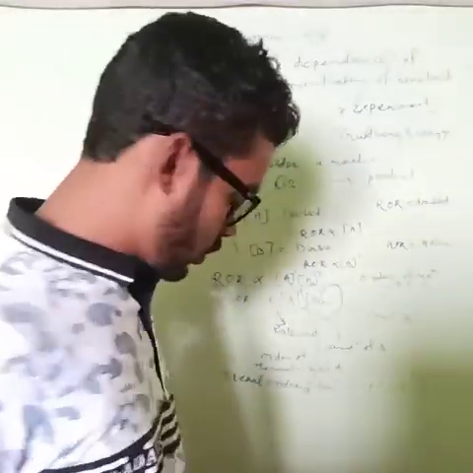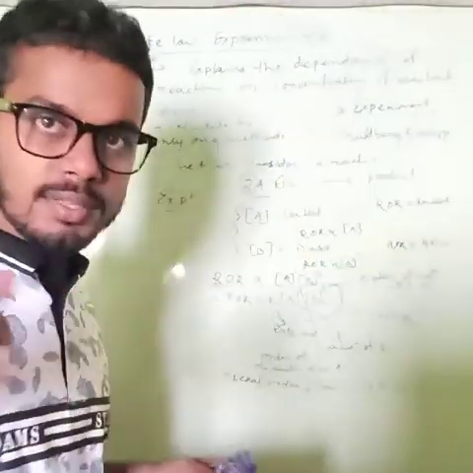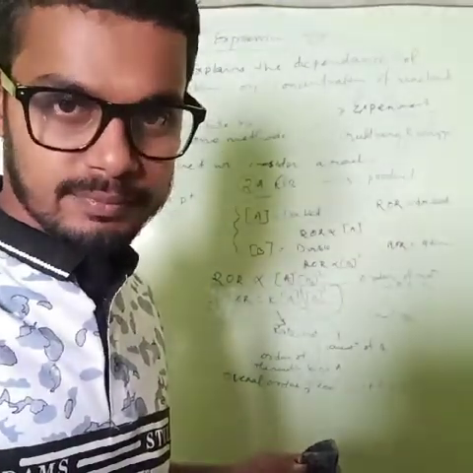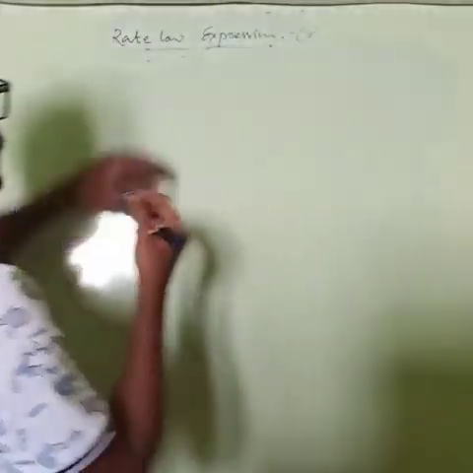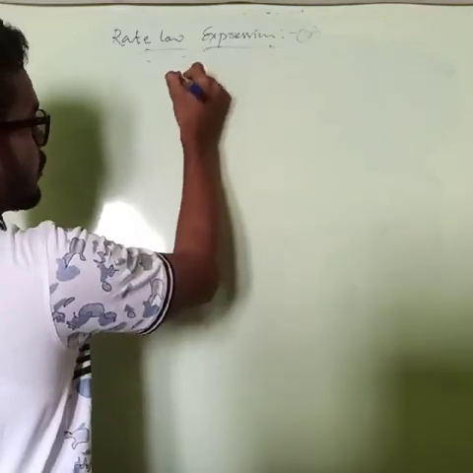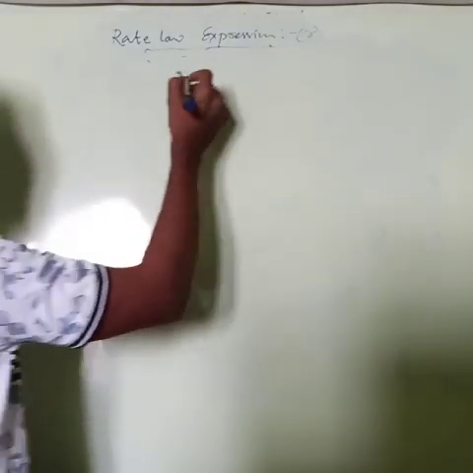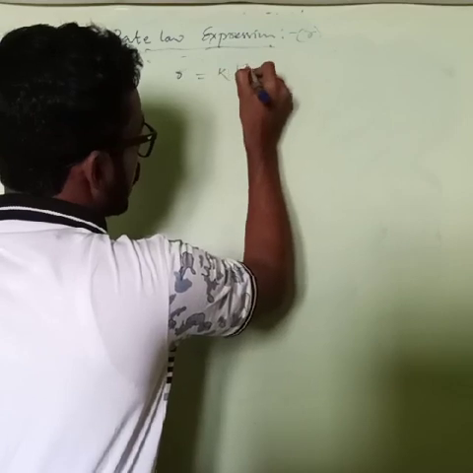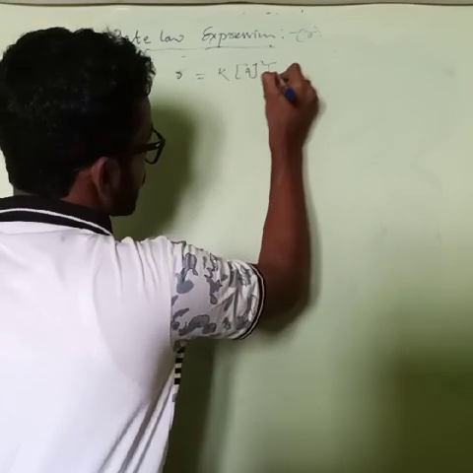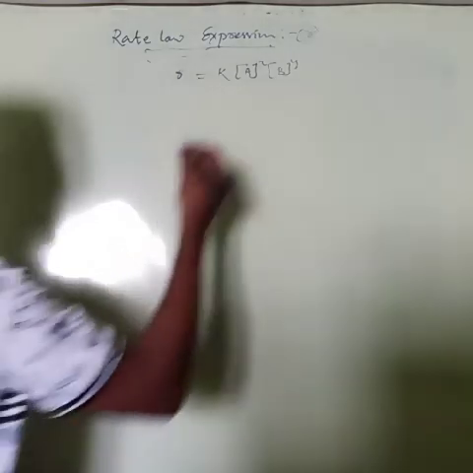So in general, the rate law expression is given: rate of reaction is written as small r equals k into A to the power x, B to the power y. So what is x plus y?